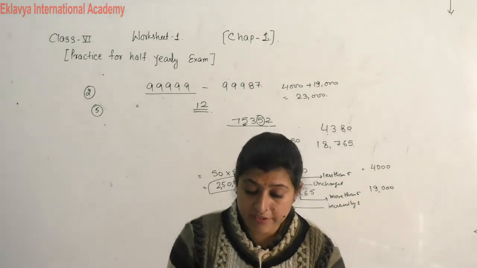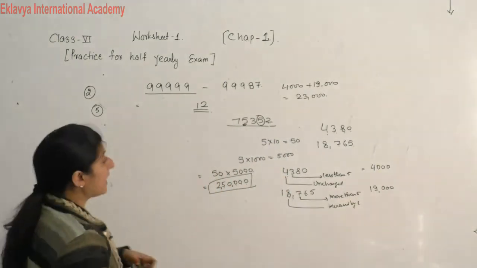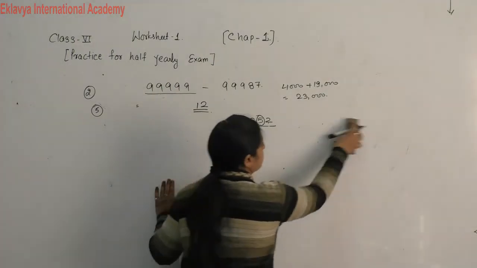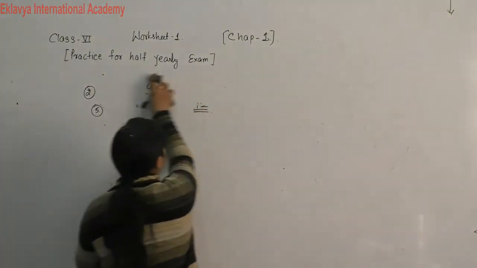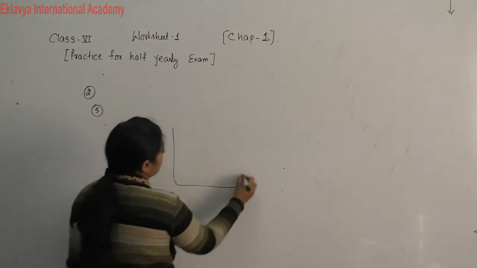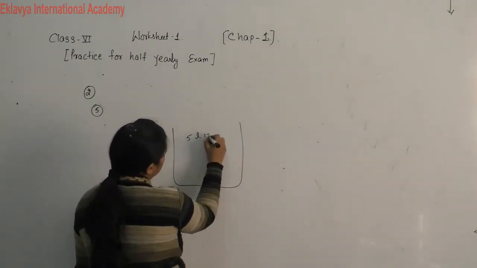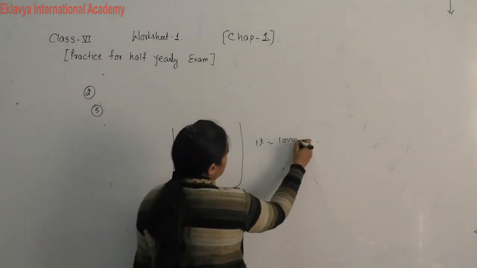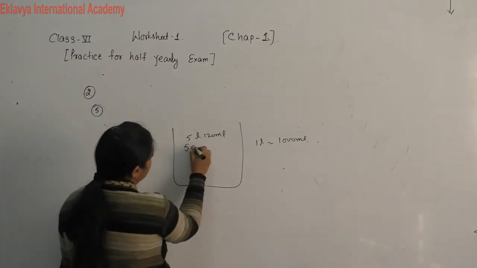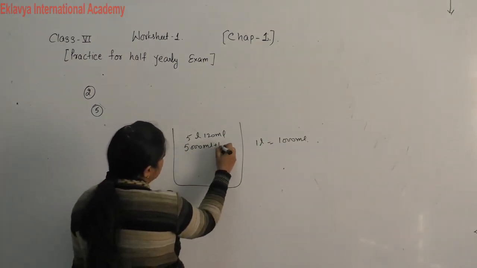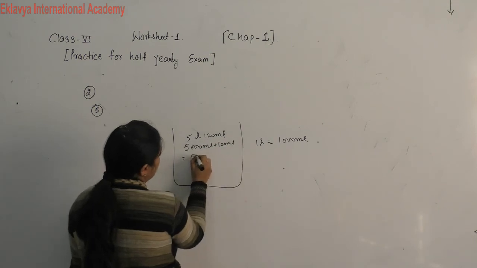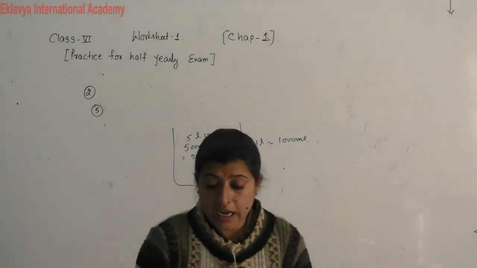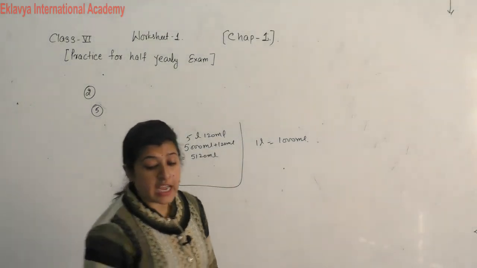Question number 15. A vessel has 5 liters and 120 milliliters of mango shake. One vessel we have has a capacity of 5 liters 120 milliliters. 1 liter is equal to 1000 milliliters. It means it becomes 5000 milliliters plus 120 milliliters, which is 5120 milliliters. How many glasses, each of 40 ml capacity?